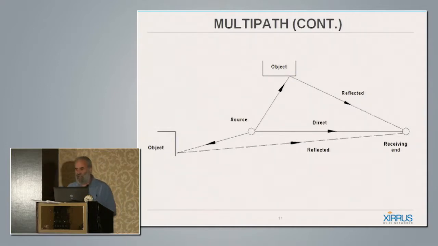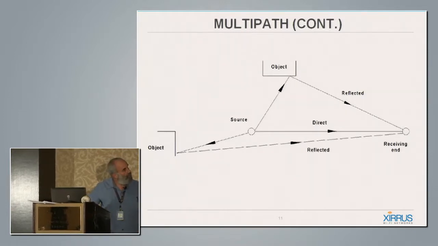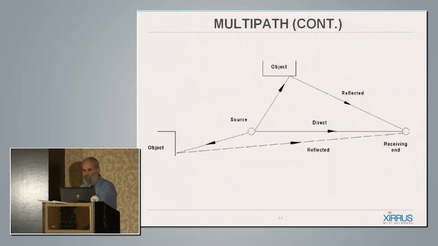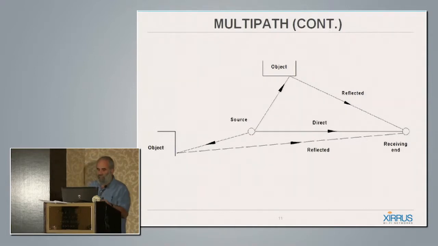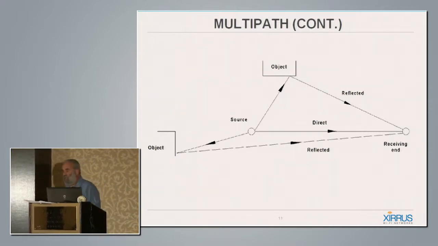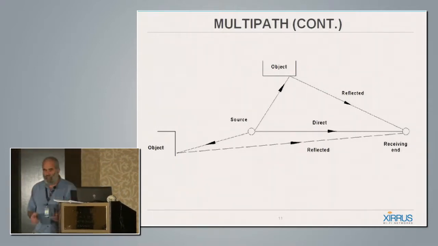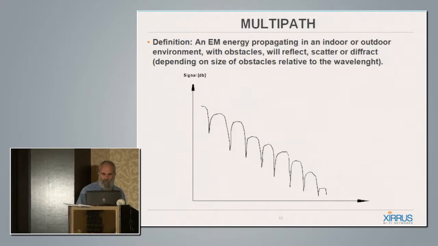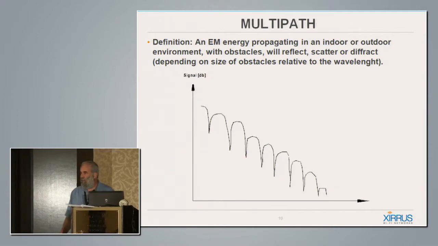So some of the energy is reflected from a back structure, some side structure. And when these reflections arrive at the receiving end of interest, they might arrive 180 degrees out of phase, and they're going to be one of the reasons they contribute to those dropouts.